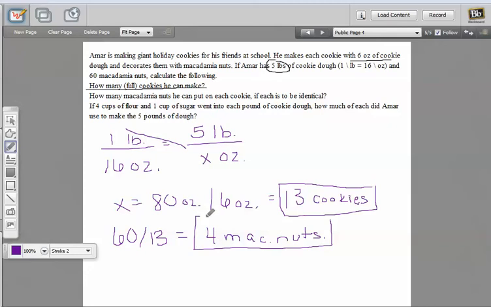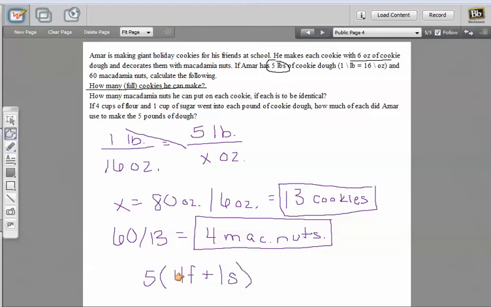And then lastly, if 4 cups of flour and 1 cup of sugar went into each pound of cookie dough, how much of each did Amar use to make the 5 pounds of dough? So we can go ahead and use the distributive property again here. So if it's 4 cups of flour and 1 cup of sugar for 1 pound of dough, let's multiply that by 5.